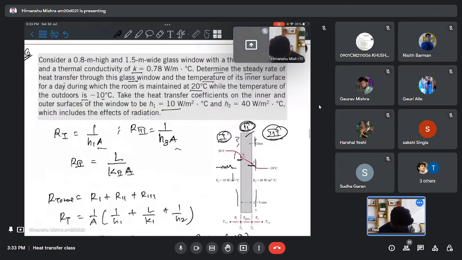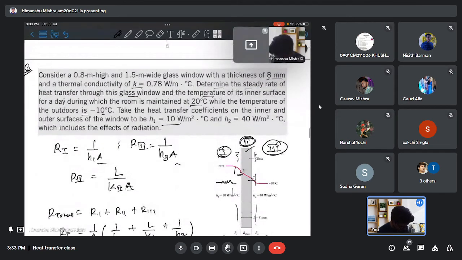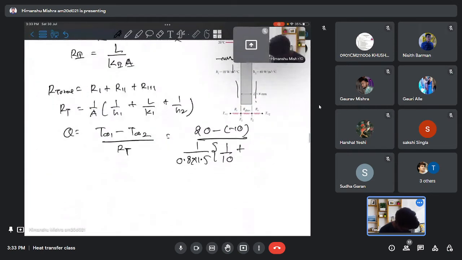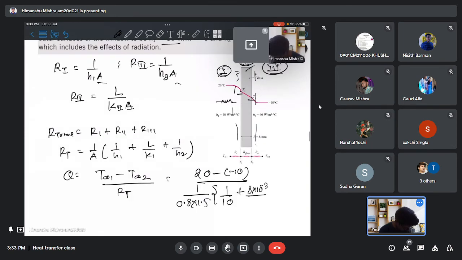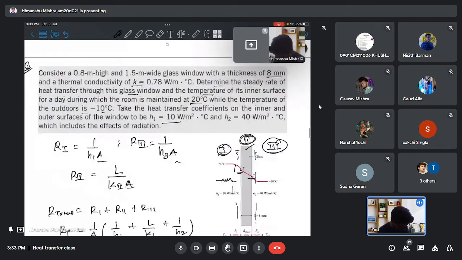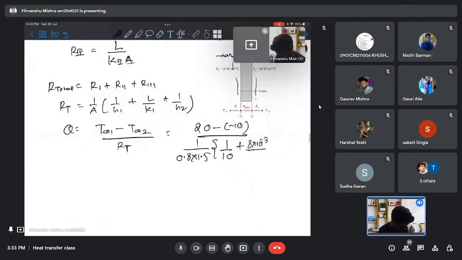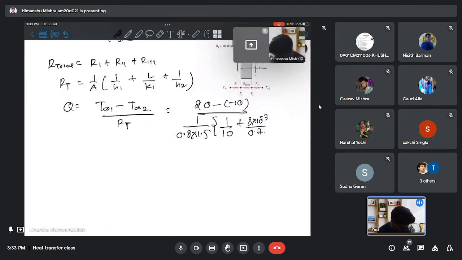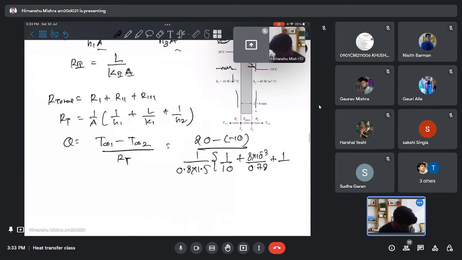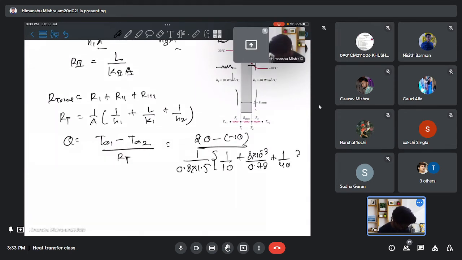My thickness will be given as 8 mm, and the thermal conductivity of this second region, or the slab, can be 0.78, and H2 will be point.